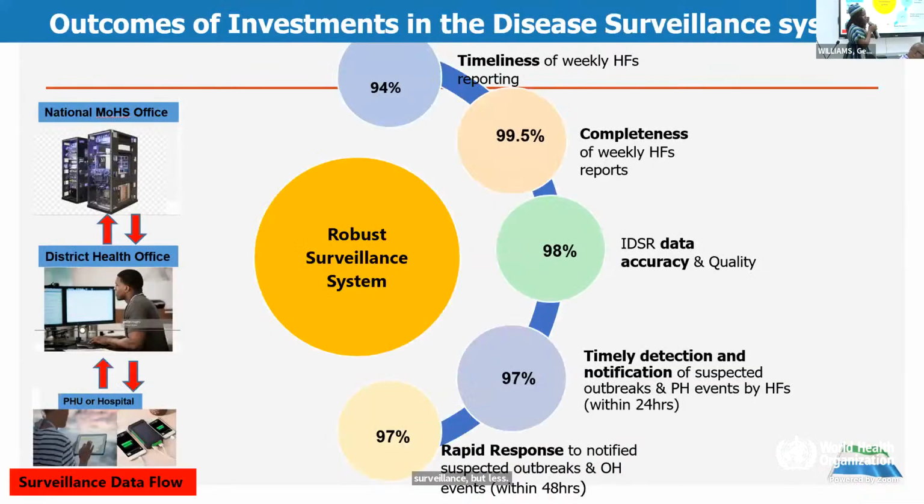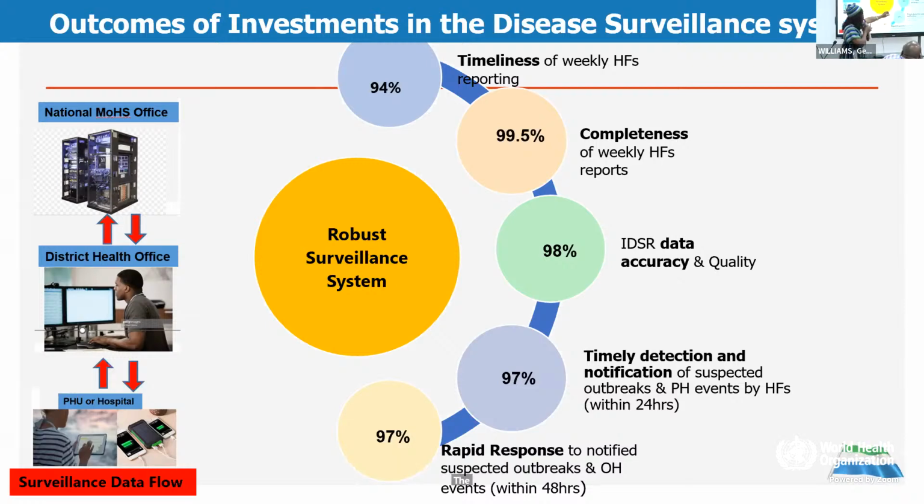And this is the robust surveillance system of reporting. Information is gathered from the PHU or hospital up to the national level. Because of the robust surveillance system, we are able to meet the timeliness of weekly health facility reporting at 94%, and completeness, and also the accuracy of data, because of consistent supervision and data quality assessment.